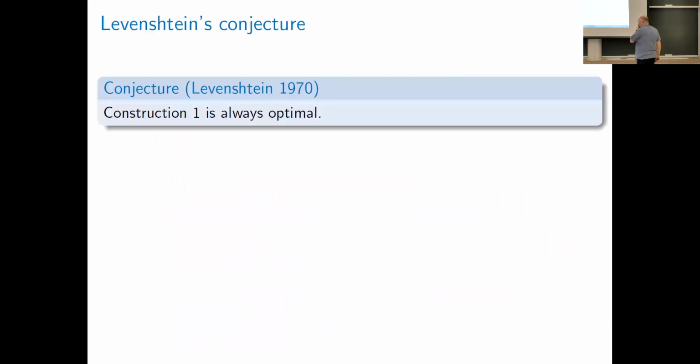So here's Levenshtein's conjecture. He gave it in his paper in 1970, which is that construction 1 is always optimal. That's the best you can do. Okay. Can I ask another question? Yes. Do you mean optimal exactly or optimal asymptotically?